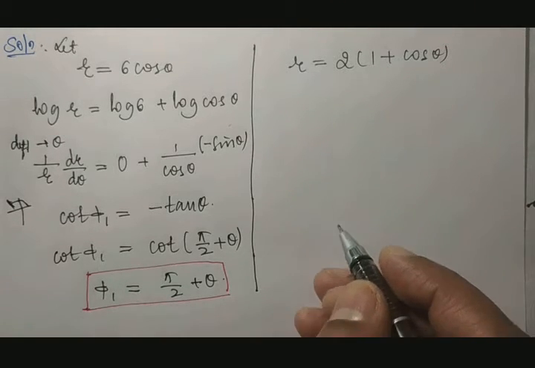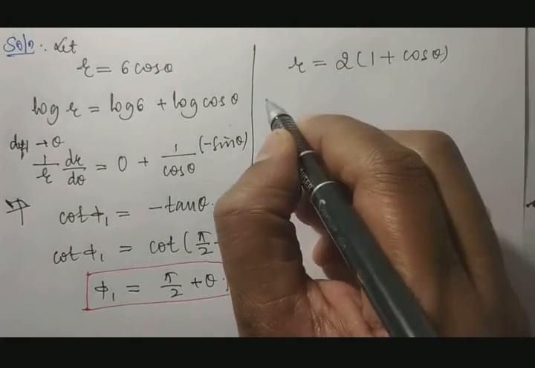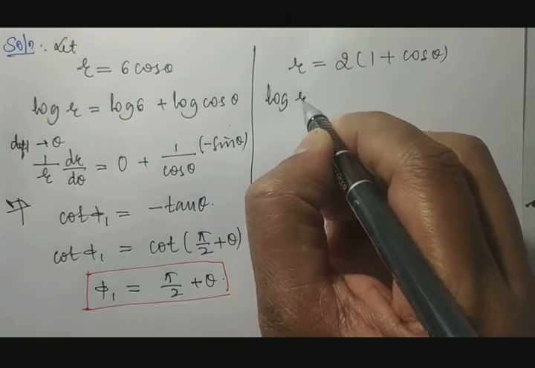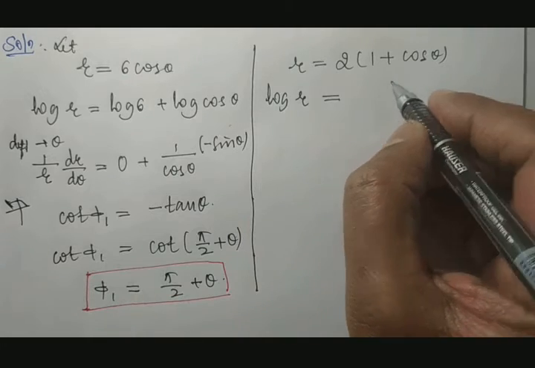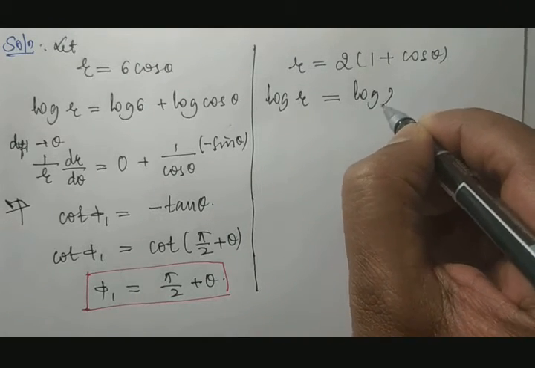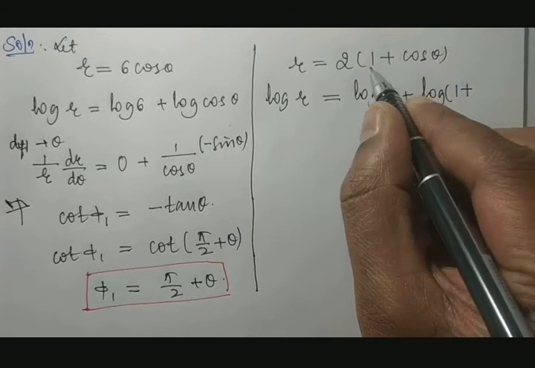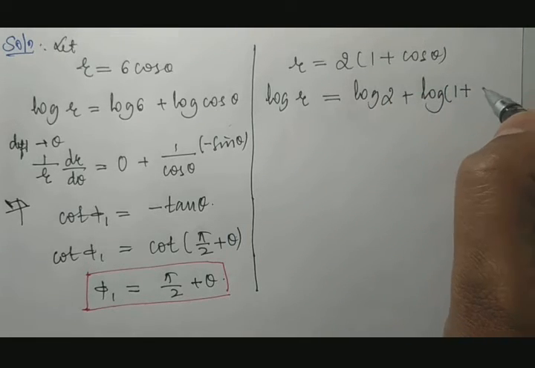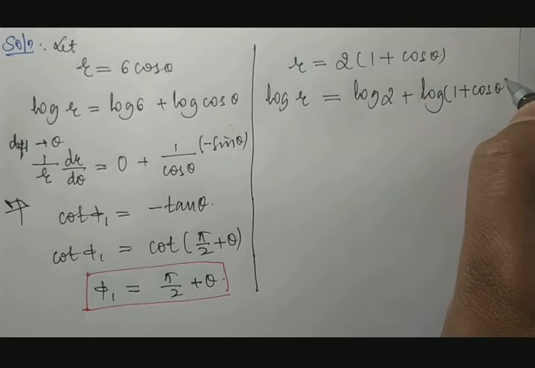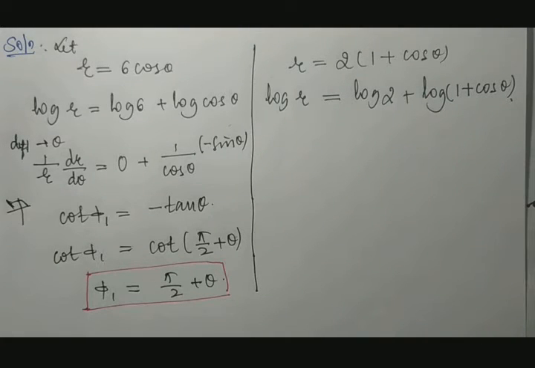Similarly, we take the other curve for consideration. Then we apply log on both sides. So it becomes log r is equal to log 2 plus log of this whole bracket. Don't try to split this using logarithm, which does not exist as per the logarithm identity.